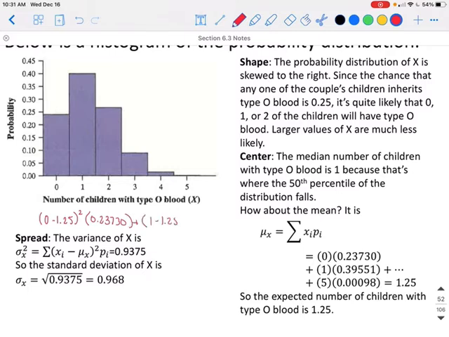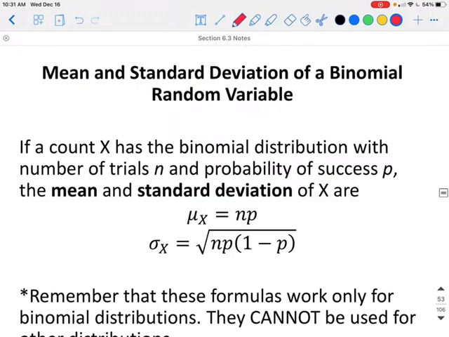Plus, you would do 1 minus the mean squared times the probability for 1. And you would keep doing that all the way to 5. And that would give you the variance of 0.9375. Remember, from the variance, to find the standard deviation, you just take the square root. So our standard deviation would be 0.968.